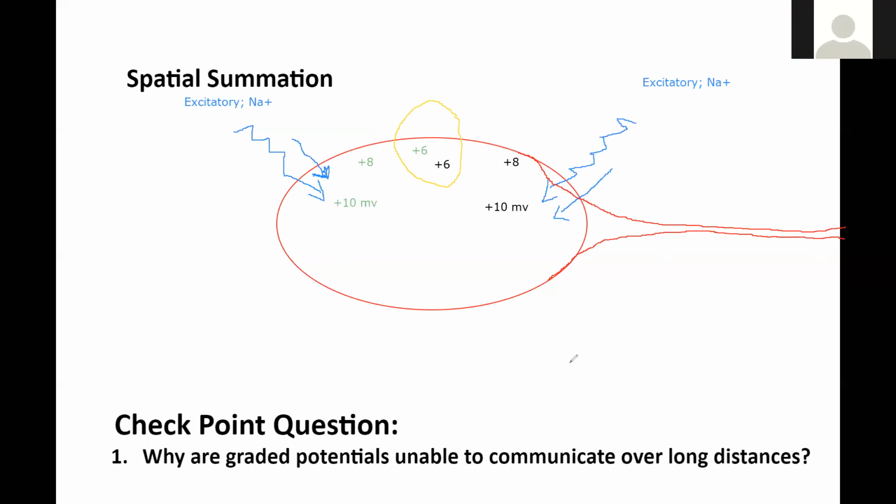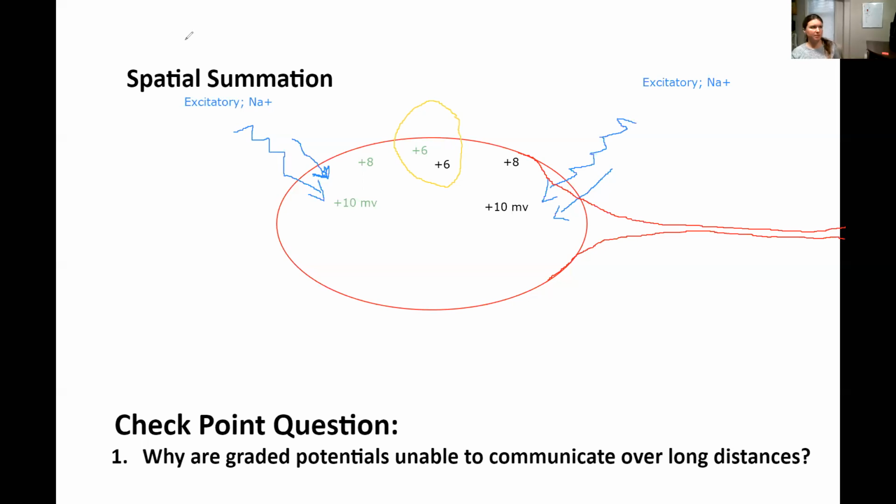Kind of me getting ahead, but is that why we have the myelination along the axon so that the stimulus can skip between? A little bit, yeah. The myelination is going to affect the speed with which we spread the action potentials, because it allows something like this to happen.